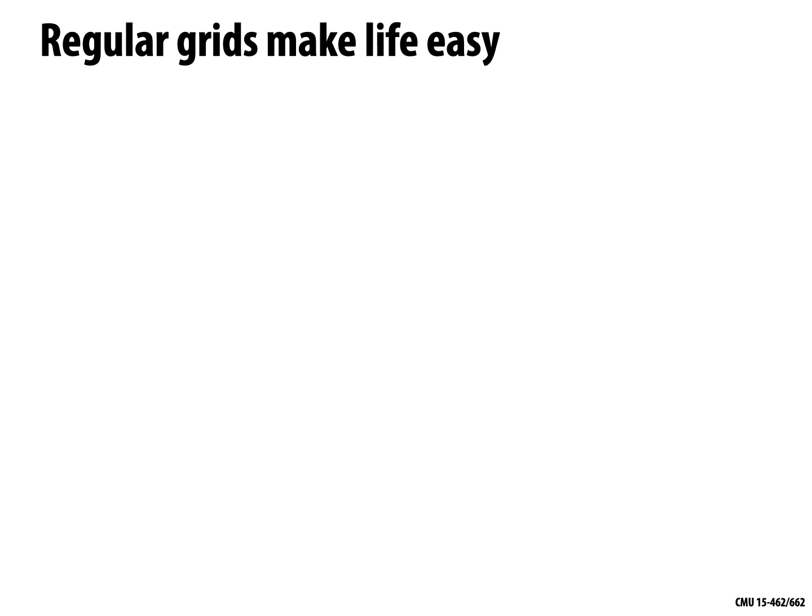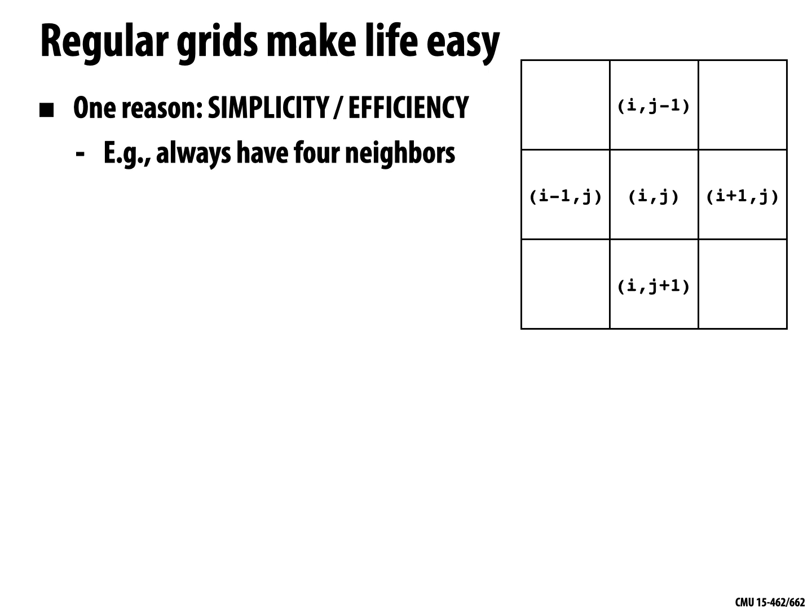So there are a lot of possible reasons why squares could be nice. One thing is that regular grids make life easy, right? Simplicity and efficiency are things we care about when we're developing digital representations, when we're developing algorithms. So what's nice about a regular square grid? Well, we always have four neighbors. Every pixel has a pixel to its left, a pixel to its right, above and below.